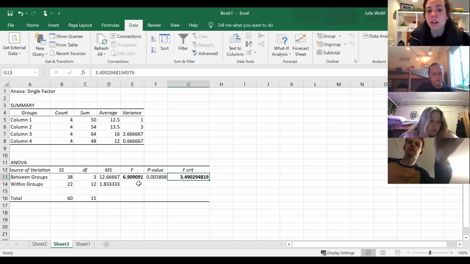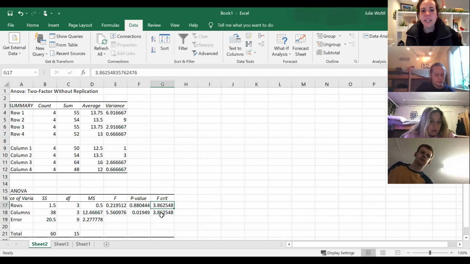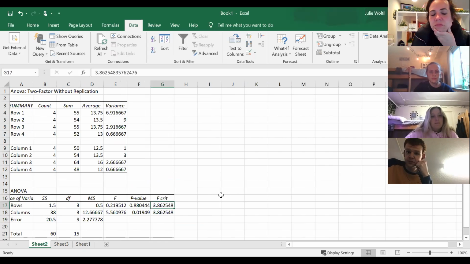If this F critical, let's create a what if scenario here. Actually, this is perfect. What would you do with this example? Could you reject?